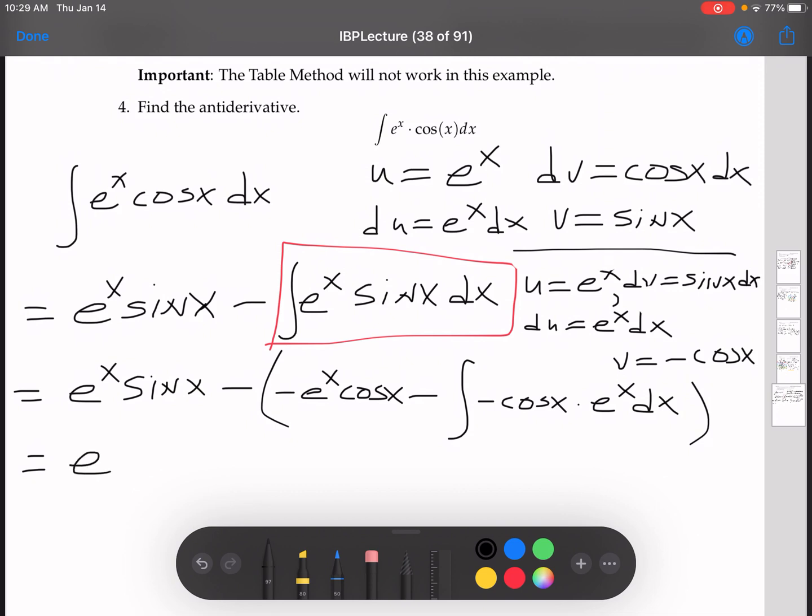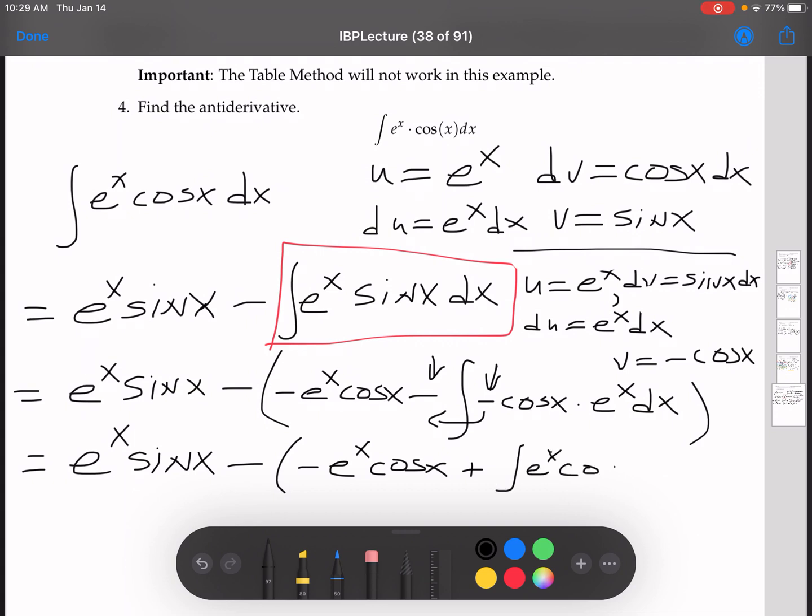All right, so we have e to the x sine x, and now we have minus minus there, so those minuses will become a plus. Remember, you can pop that minus out, so this becomes plus, and now I'll rearrange it, e to the x cosine x dx.